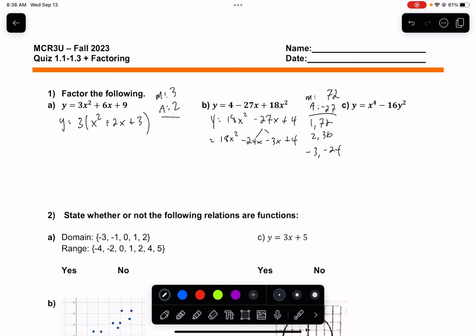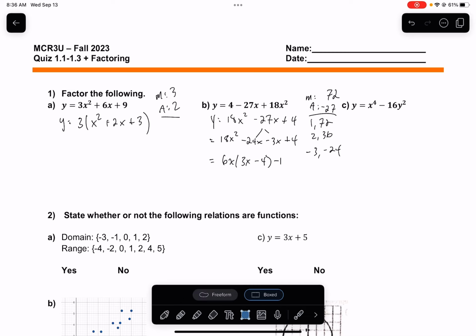It should work either way. Okay. So what's common across the first two terms? 6x you can remove, right? And you should get 3x minus 4. And then remove a negative 1 from the second two terms. You get a minus 1.